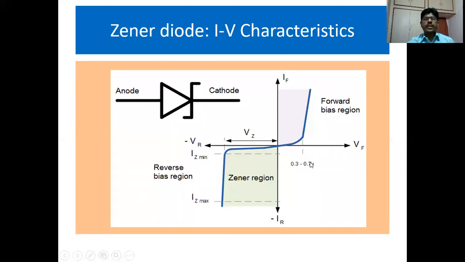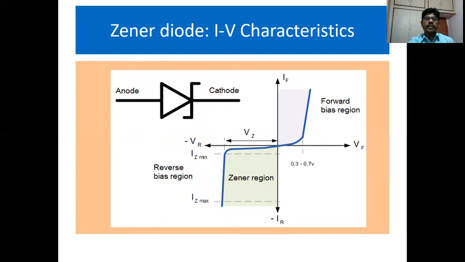Now, we can see the forward bias and the reverse bias condition of a Zener diode. The forward bias condition is almost the same as a PN junction, whereas there is a marked change in the reverse bias condition. In a Zener diode, the breakdown occurs at very low voltages.